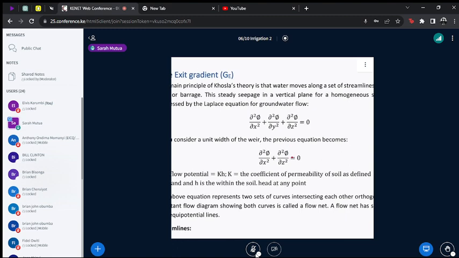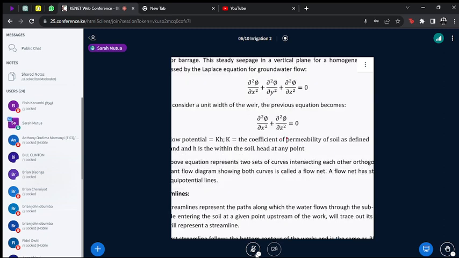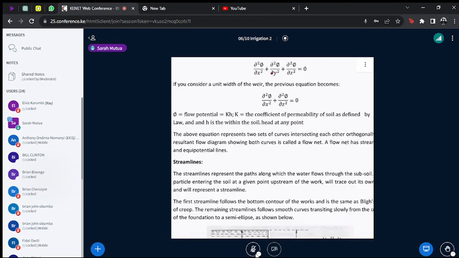Here, of course, I've indicated three-dimensional flow. Groundwater, flow of water in the subsurface is in 3 dimensions, but in this case, we are interested in the vertical and horizontal directions. And for the y direction, we assume a unit thickness of the weir, so that this term can be ignored.